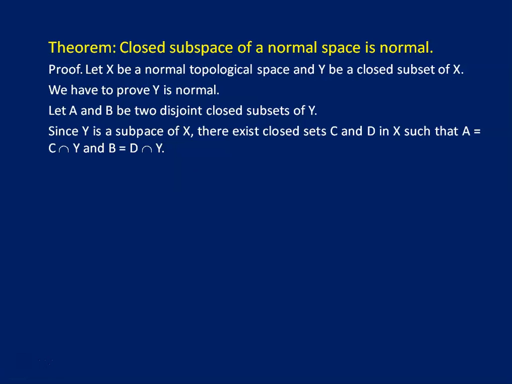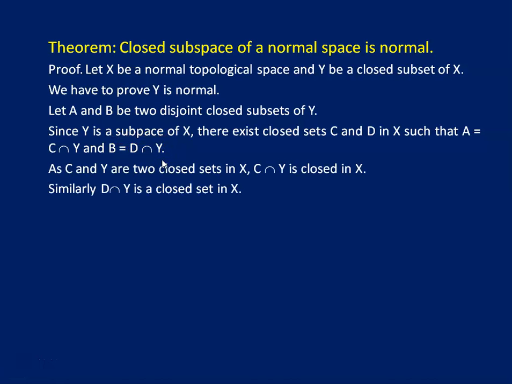If a set is closed in the subspace, then the closed set can be written as the intersection of a closed set in X with Y. So here A and B are disjoint closed subsets of Y. Since these are closed subsets of Y, for this A we have a closed set C in X such that A is equal to C intersection Y. C is closed in X. Similarly, here D is closed in X and B is closed in Y because B is equal to D intersection Y.